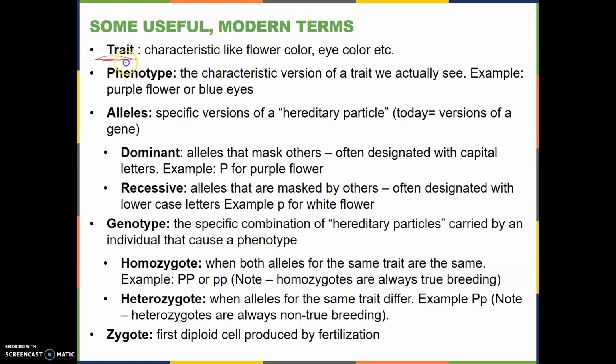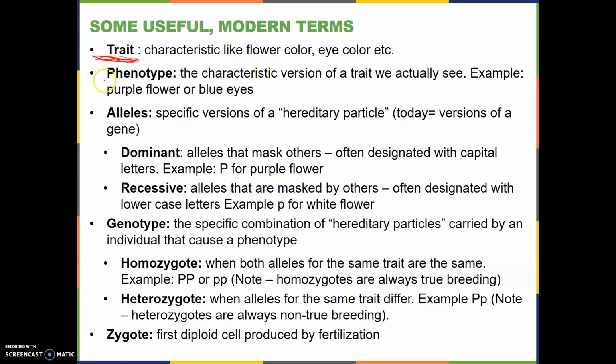A trait is a characteristic. That could be flower color, eye color, height, hair texture, curly or straight. I think in the last chapter I did the thumb trait, whether it's straight or hitchhiker thumb. So traits are characteristics that individuals have.